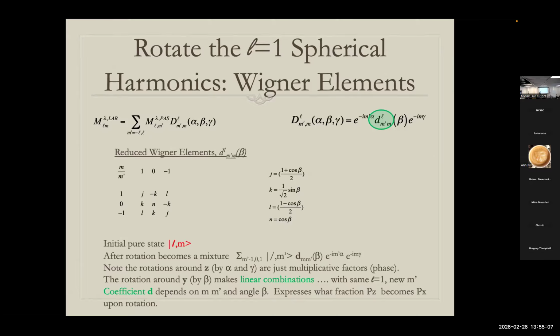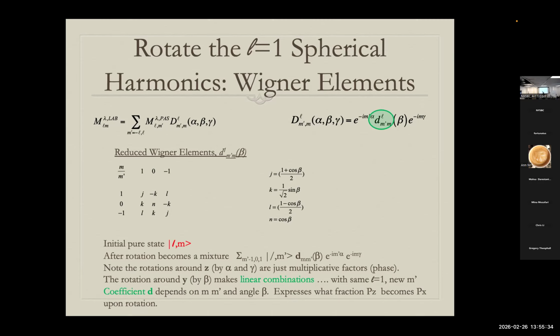Well, it could be 2 minus 2, 2 minus 1, 2 0, 2 1, 2 2. So I have to have a dummy variable M prime, which represents all the different things I could have started with in the PAS that might have projected to that thing in the laboratory. And it's just linear, so I just add. So M prime is a dummy variable that we're going to sum over. It's the components in the PAS.